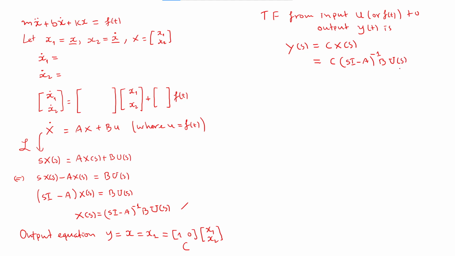Because you have a single input, single output, you can write the transfer function equal to y of s over u of s, equal to C (sI minus A) inverse B.